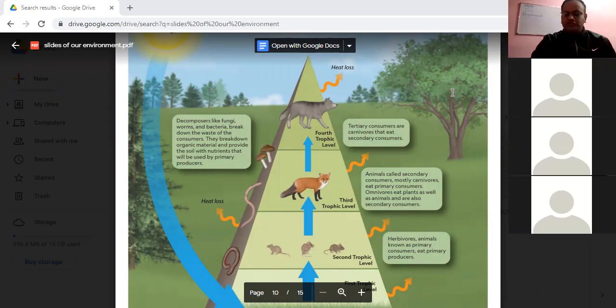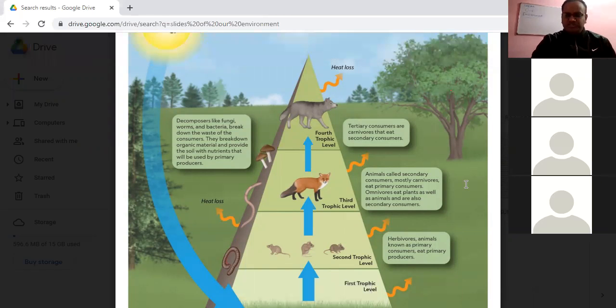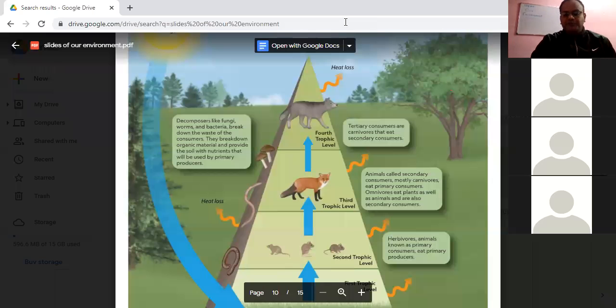Interconnected food chains are called a food web, and the sequence in which one organism eats another is a food chain. Did you get it, Shambhavi? You were having some problem. Is it clear to you now? Through the chat box, you can give me the reply. Okay, fine.